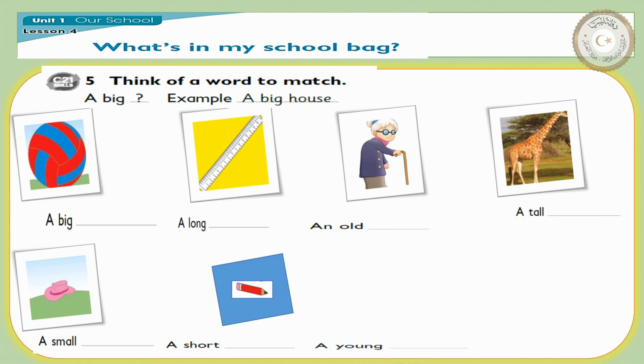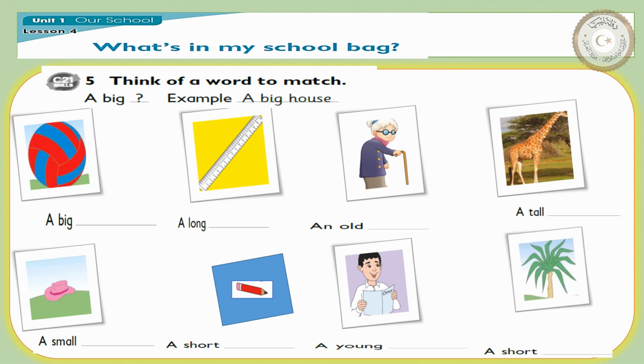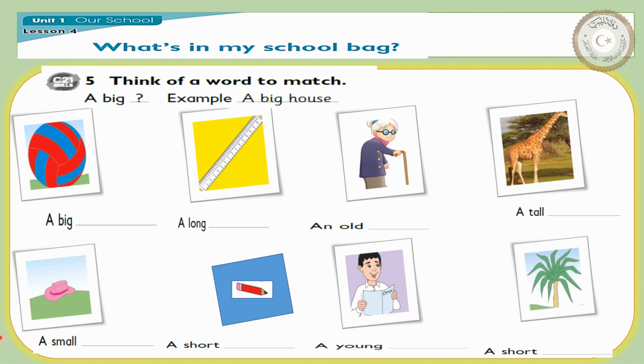Young. A young man or young boy. The last one, short. A short tree. So we have here a big ball, a long ruler, an old woman, a tall giraffe, a small hat, a short pencil, a young boy, a short tree.